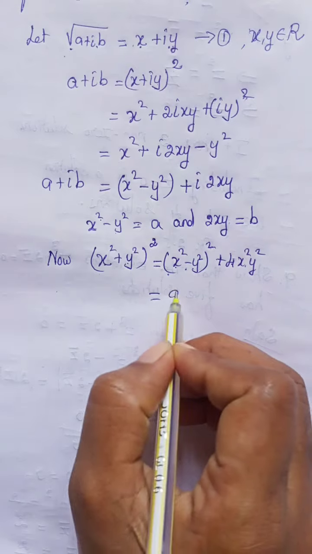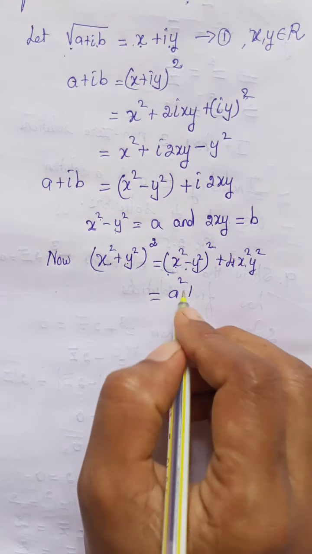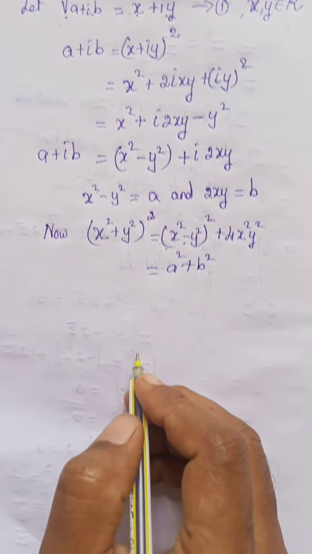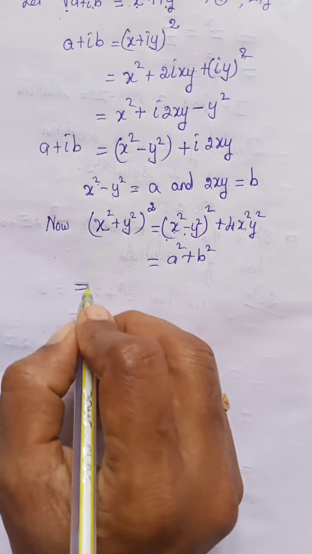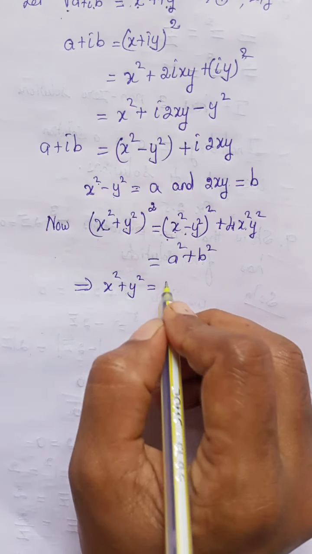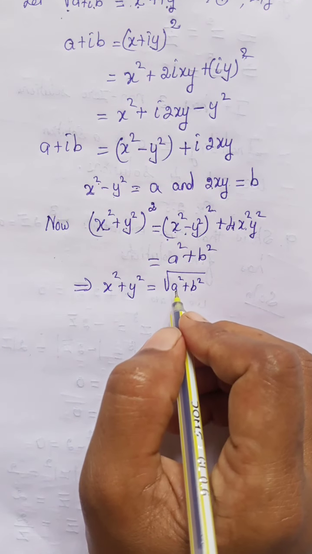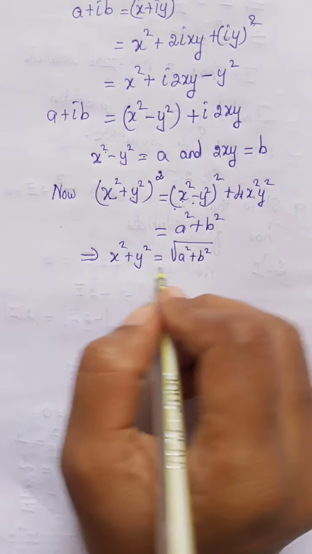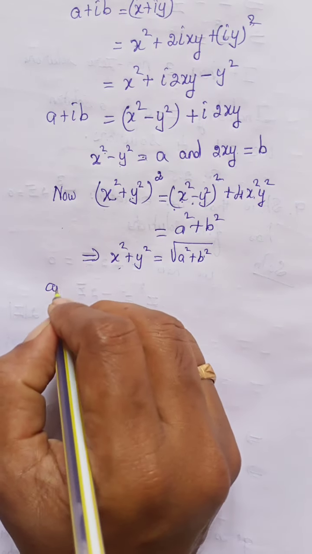So this is a square, and this is 2xy the whole square, which is plus b square, isn't it? So from this, x square plus y square is equal to root of a square plus b square.